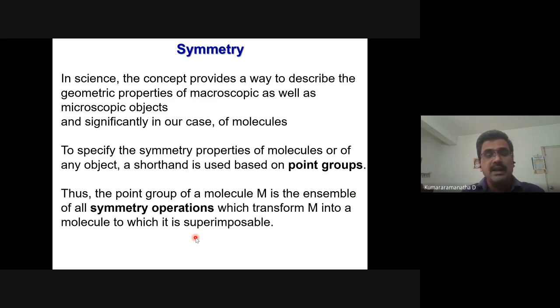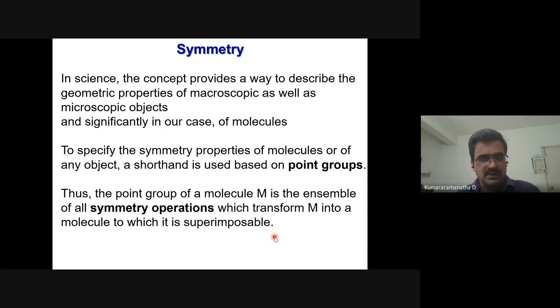By combining point groups and some symmetry operations, we can make a molecule superimposable. So what we are trying to do is turn, rotate, invert, whatever you do, make sure that it comes to the original shape, which is superimposable.